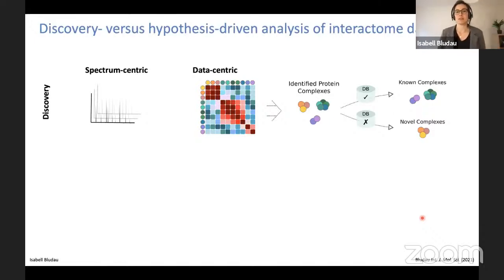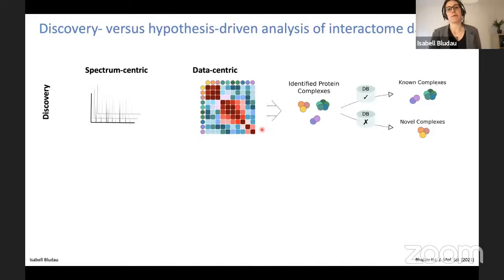A similar approach can also be used for the analysis of large-scale interactome data. Here we start from the data. In this representation, each of these little dots corresponds to an individual protein, and this matrix shows a correlation matrix between the protein abundance profiles across a co-fractionation experiment.